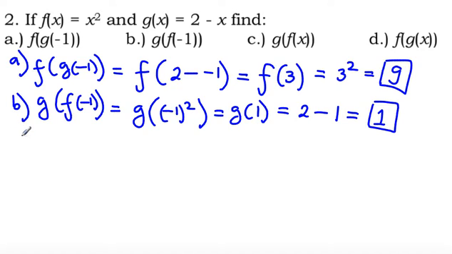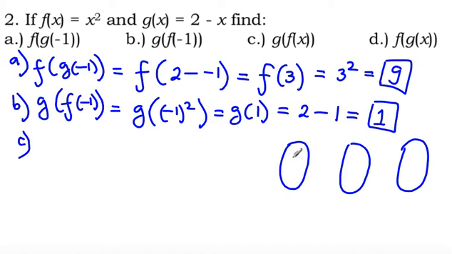Alright, in question C and D, we are not given a value. So we actually need to find a new formula that will bring you right away to the final function. So if I can illustrate it here, if you have these 3 sets and in the beginning an x value, which we don't know at the moment, this can be anything, and you are going to apply function f first, that's the inside function.